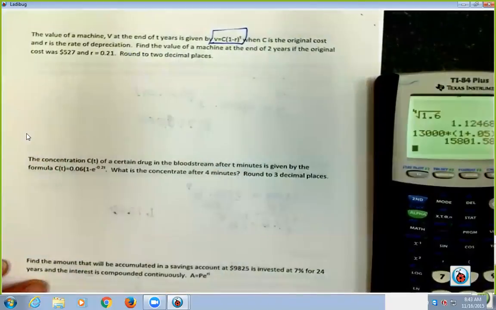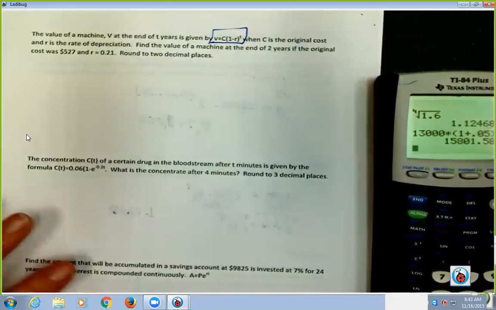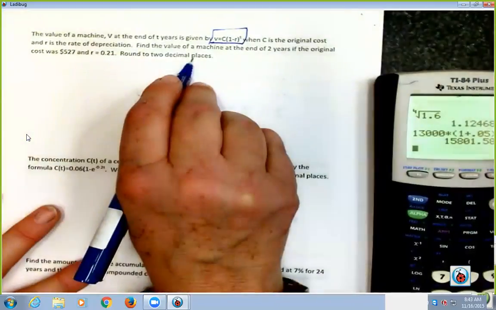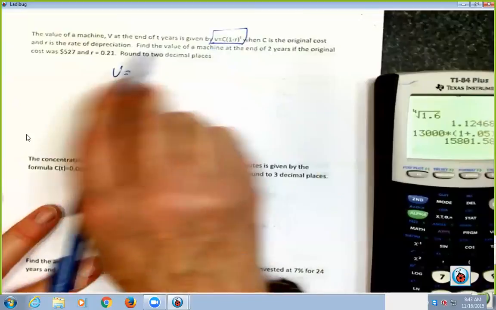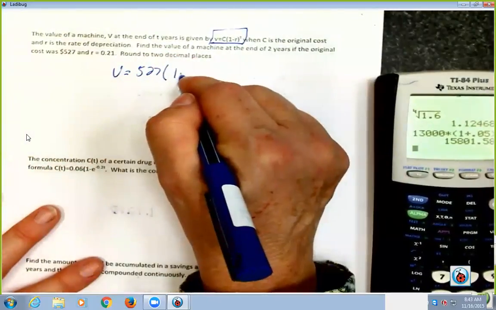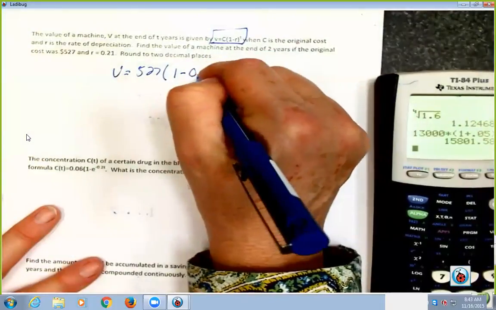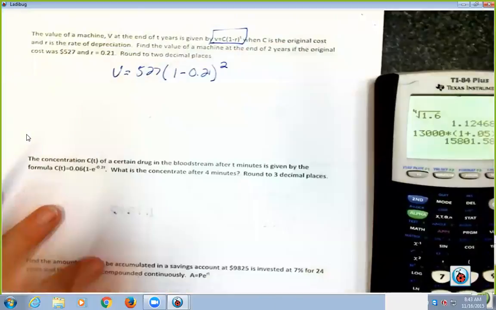Find the value of a machine at the end of 2 years if the original cost is $527 and the rate is 0.21. So we just plug stuff in and round to 2 decimal places. So V, C is the original cost, times 1 minus the rate of depreciation, raised to the time T, which is 2.